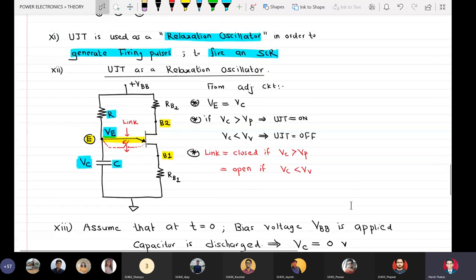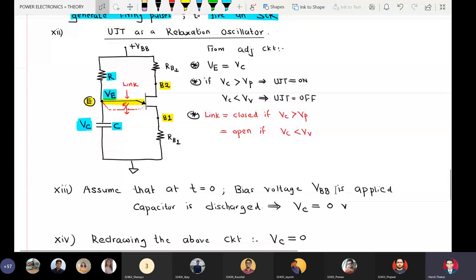Now Vc equal to 0, and the peak point voltage is greater than 0.